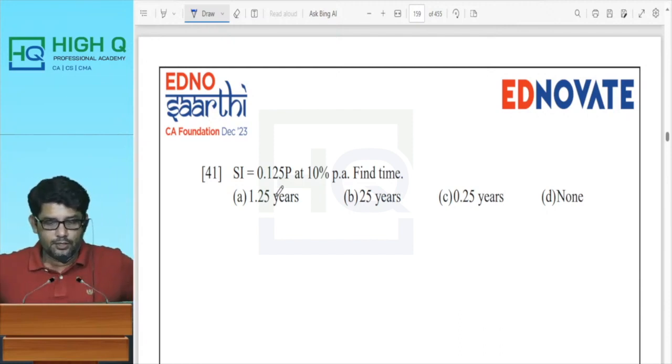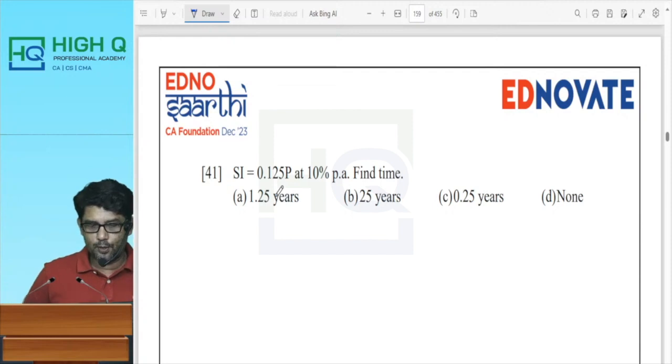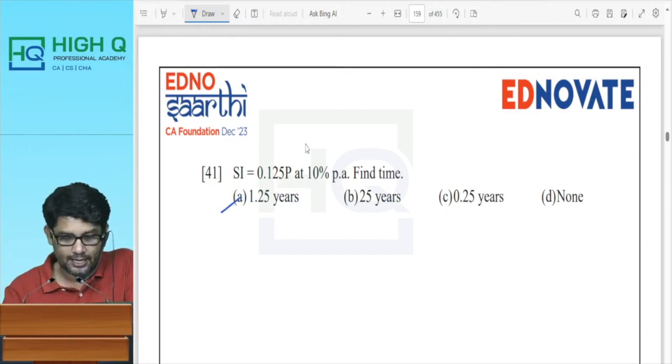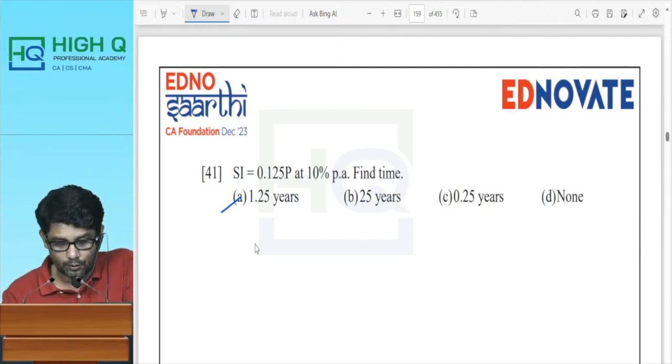Now, simple interest is equal to 0.125p at 10%. Find the time. This is the question. I can mark 1.25 years directly without doing it. But if at all you are doing, PRT is equal to 0.125p.